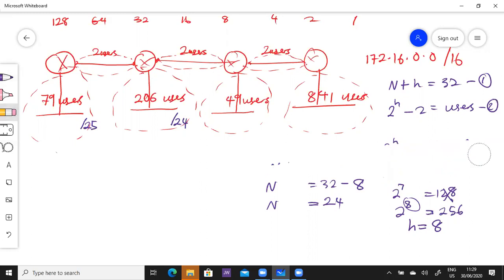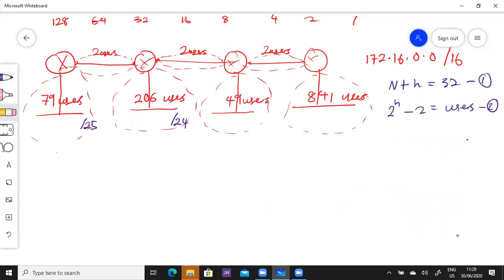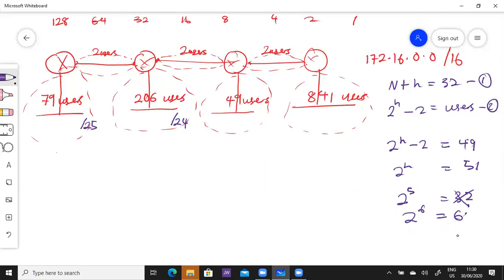Then the next is the 49 users. 2 raised to the power h minus 2 is equal to 49. 2 raised to the power h will be 51. And 2 raised to the power 5 is 32, which is less than 51. So we move to the next integer, that is 6. That will give us 64. So we choose 6.